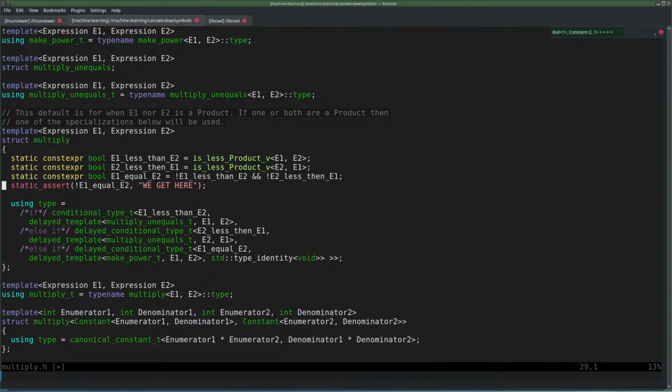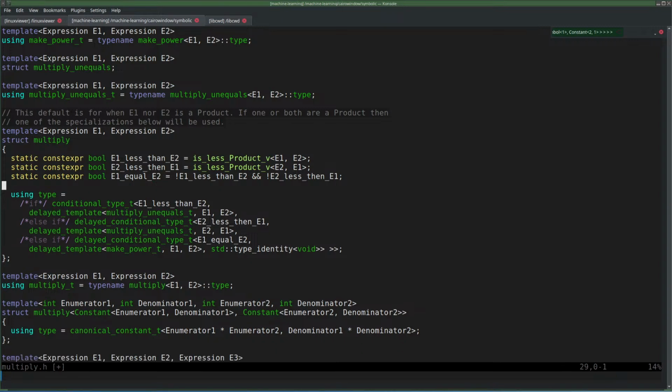So yeah, maybe I should do something like: it should only be equal if you know both actually are either power or symbol. Yeah, sorry, that doesn't work. So is symbol E1.